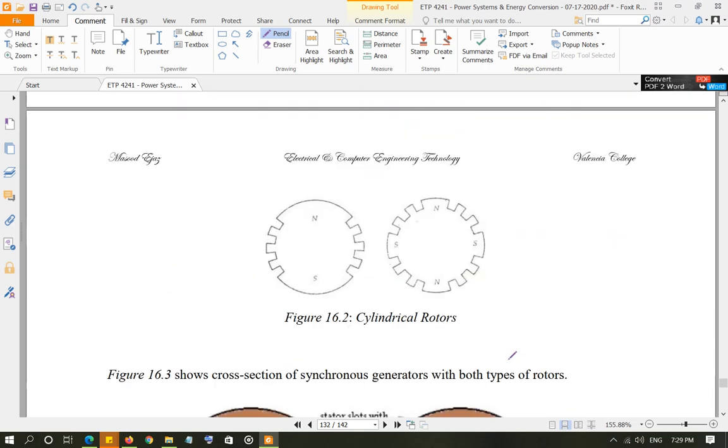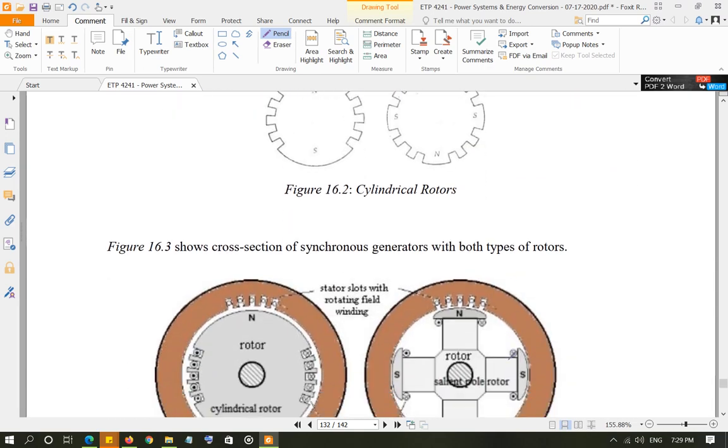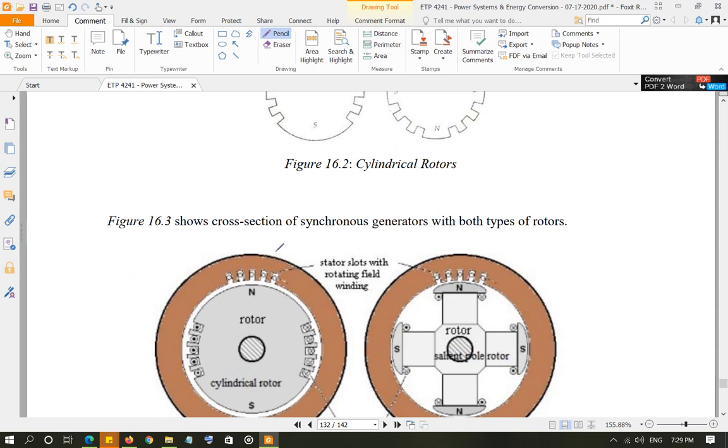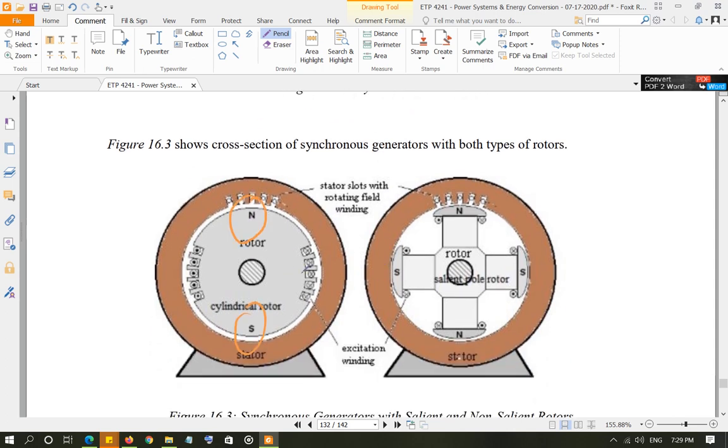The other type of rotor is non-salient pole, which is basically like this. You have a smooth rotor, and then the poles are basically infused on that smooth rotor. So you can have one pole like here, two poles basically, one north, one south.